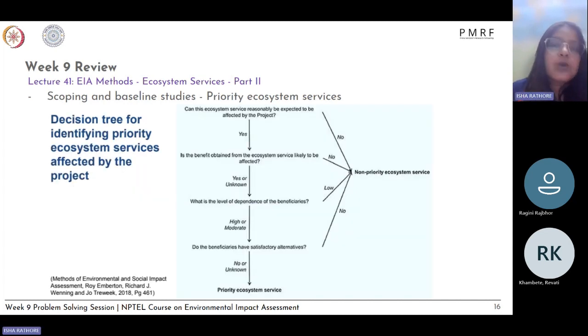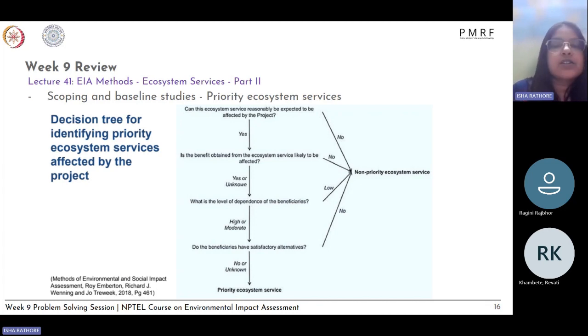Then we looked at a decision tree for identifying priority ecosystem services which are affected by the project. So we ask questions like, can this ecosystem service reasonably be expected to be affected by the project? If the answer is yes, then you go down further. Is the benefit obtained from the ecosystem service likely to be affected? Whether it's yes or unknown, you go down further.